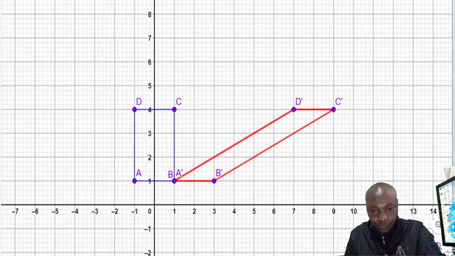Invariant line being the x-axis, the points are not moving perpendicularly.